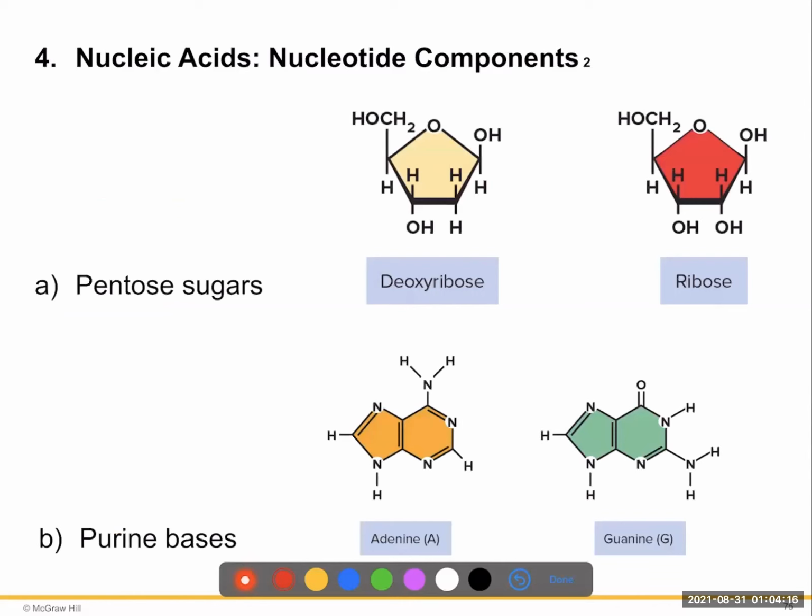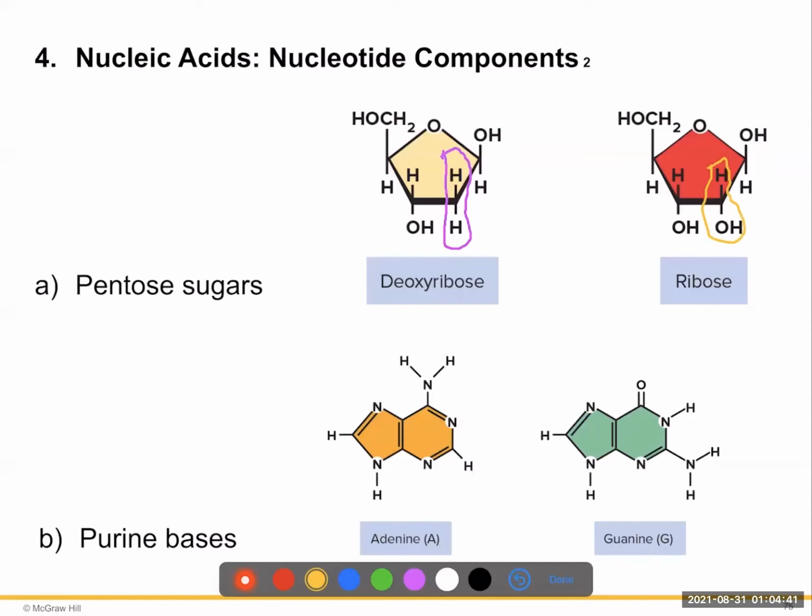Now look at the difference. Let's pick a color you can see. You can see purple pretty good. All right, so right here. Okay, that's the same position, right? It's 2 carbons away from the oxygen. In the ribose, there's an OH group.